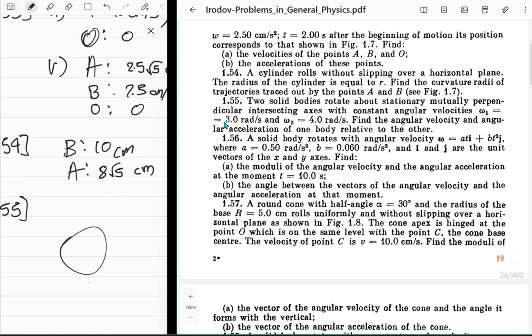If this disk is going like this, then according to a fly over here, the disk is going like this, and actually the fly is going like that, right? Exactly. So it seems like for any rigid body you can still do it. Oh, cool.